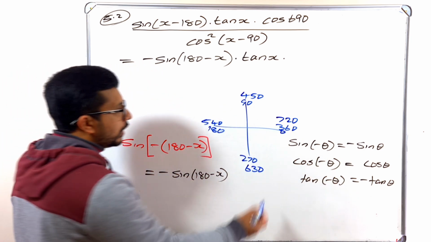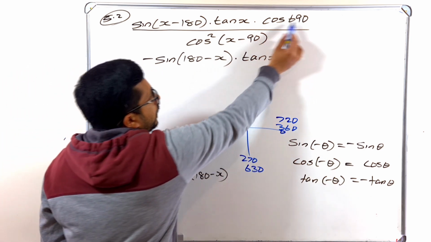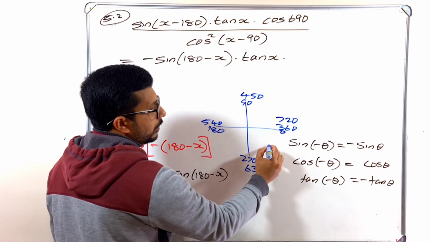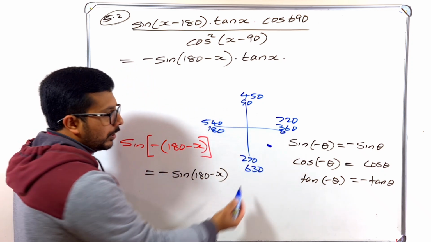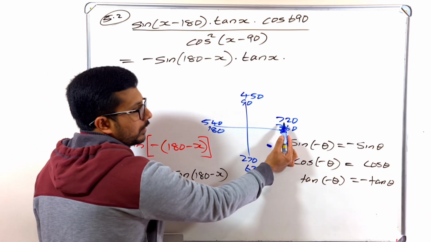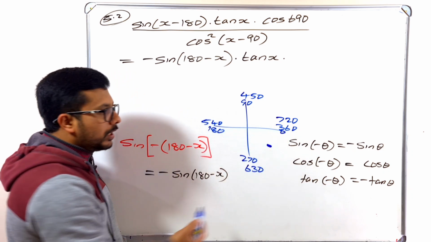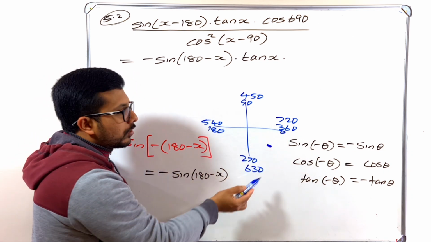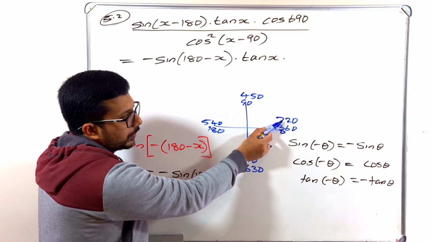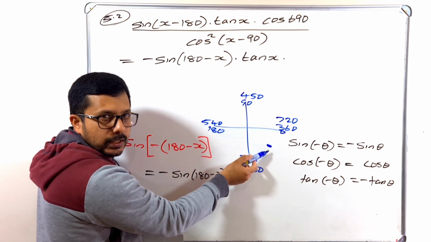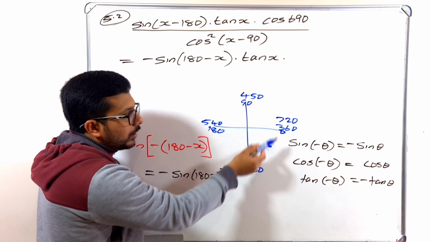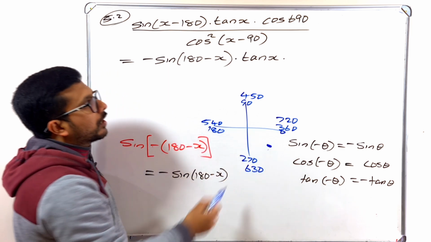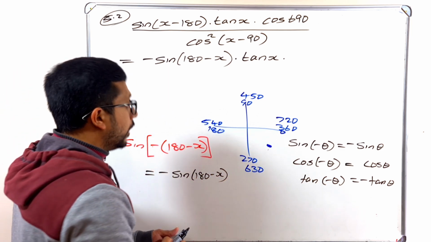So here this 690 is in the fourth quadrant, between 630 and 720. Somewhere here in the fourth quadrant. So for the fourth quadrant, how can you write it? 720 minus something. You have to check that in your calculator.